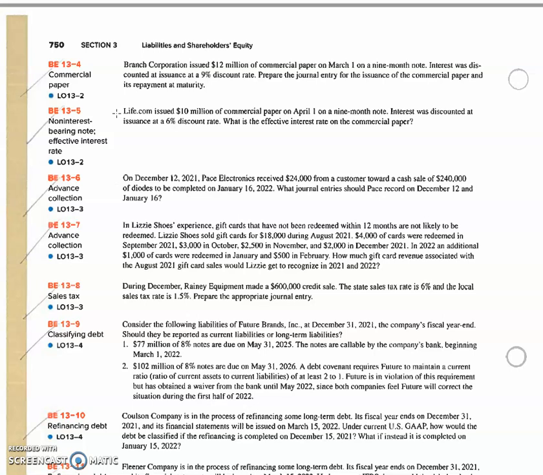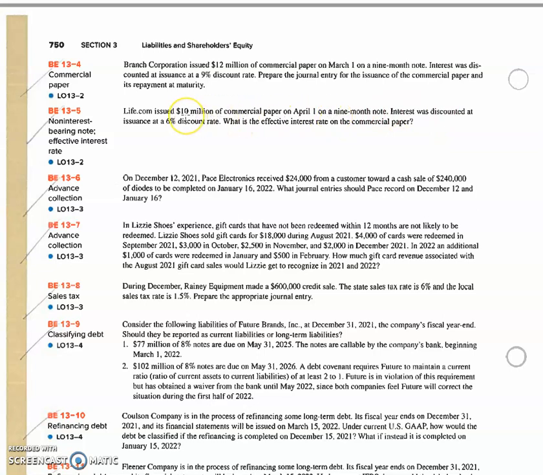Okay, we saw in the book earlier, in the last video or maybe the video before that, how to calculate the effective interest rate. It's really not very hard. We're not really borrowing $10 million because it's being discounted. So first we need to figure out how much the discount is.